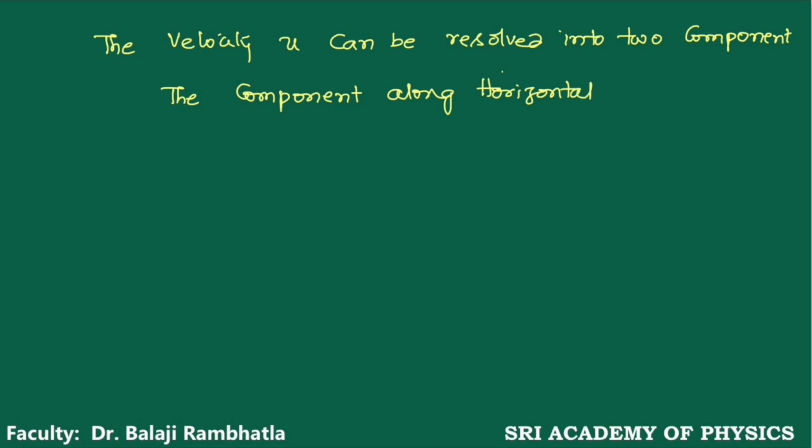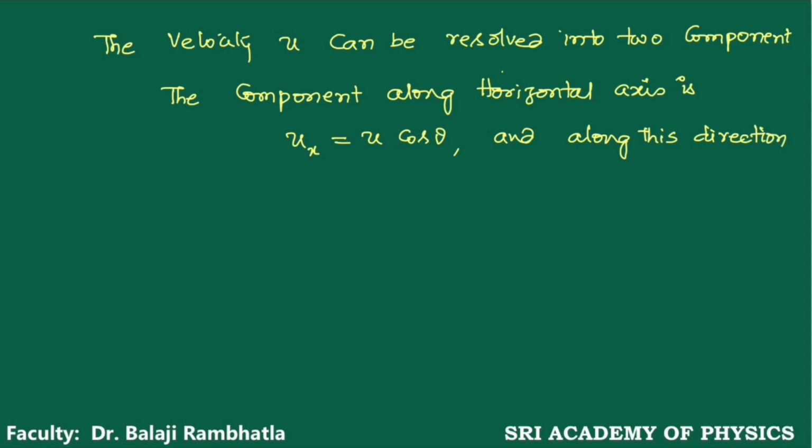The component along horizontal axis is ux is equal to u cos theta, and along this direction, what is the a value? a is equal to 0. So this component does not change with respect to time.